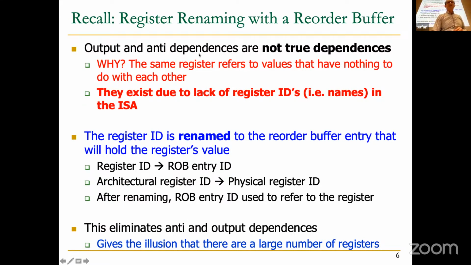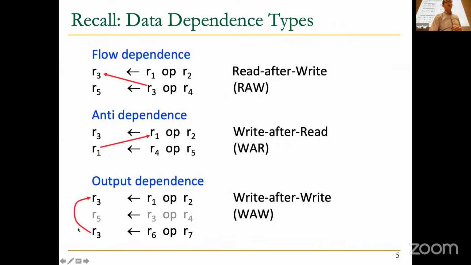Basically, we have seen yesterday, again, that the output and anti-dependencies exist due to lack of register IDs or names in the ISA, instruction set architecture. And they're not real dependencies because the same register refers to values that have nothing to do with each other, meaning there's no producer-consumer relationship between these two instructions. They just happen to be writing to the same register that is allocated to the value that they're supposed to produce.